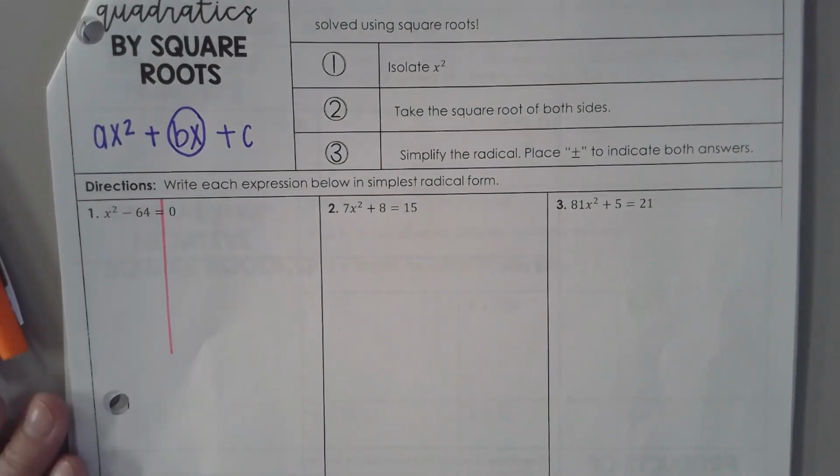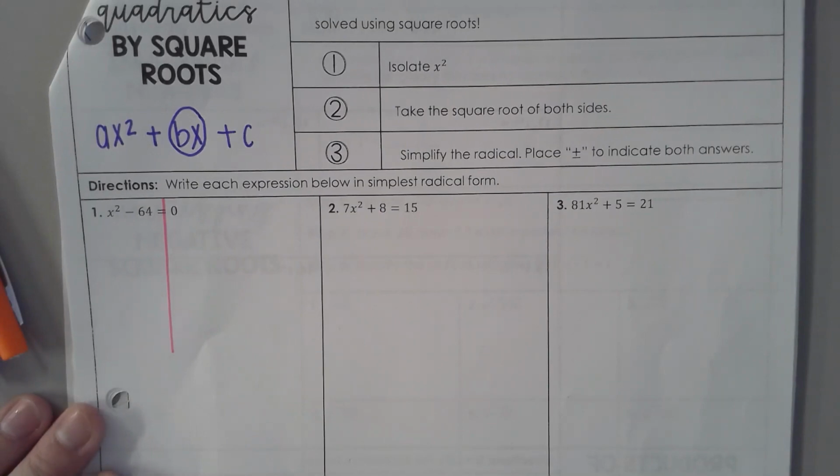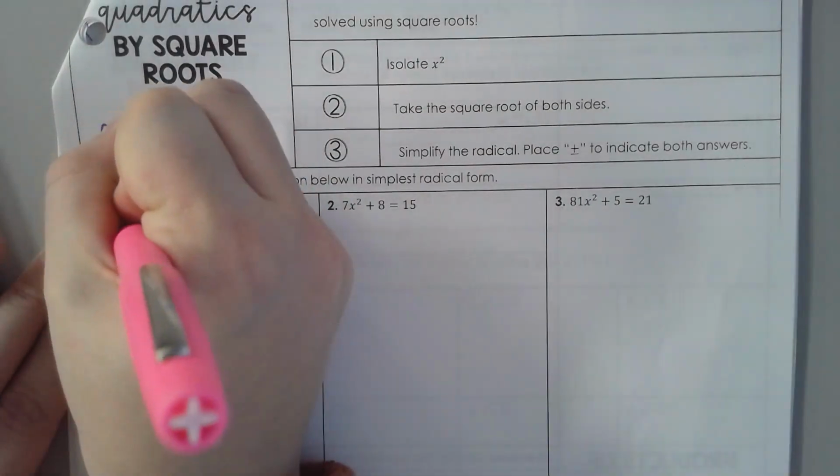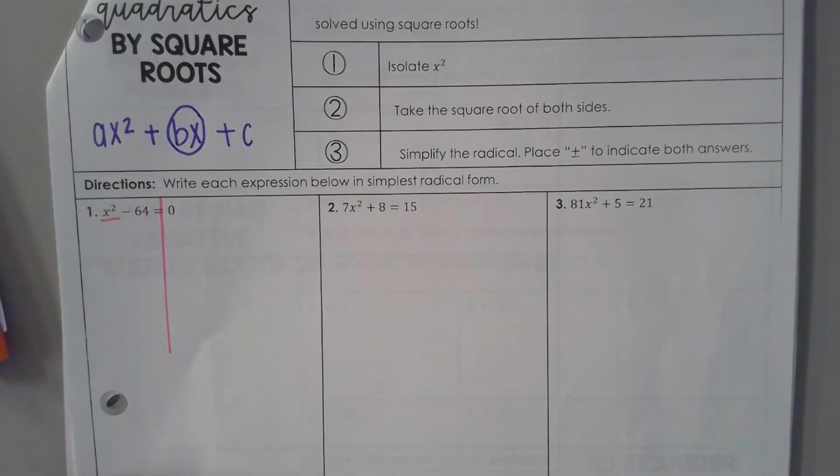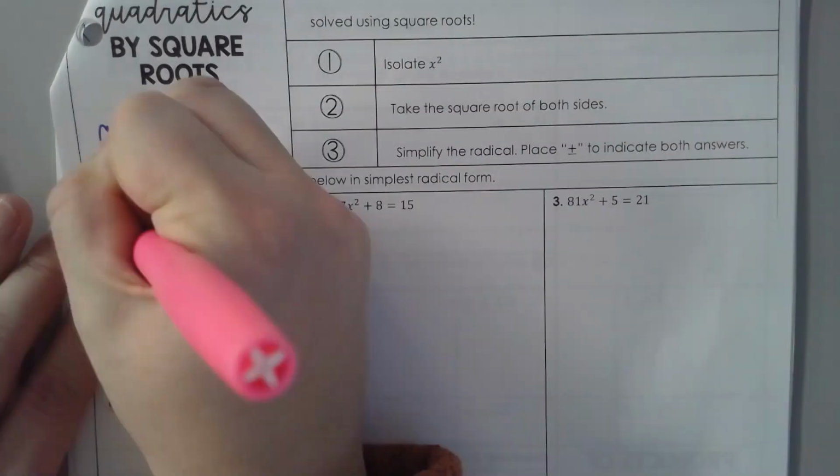I have x squared minus 64 equals 0. My goal is to get the x squared by itself. So what do I do to solve? Add 64 to both sides.